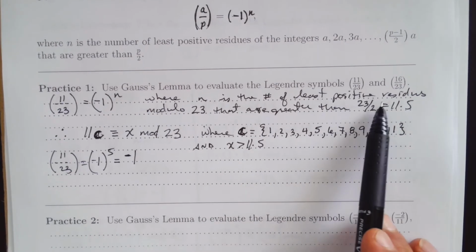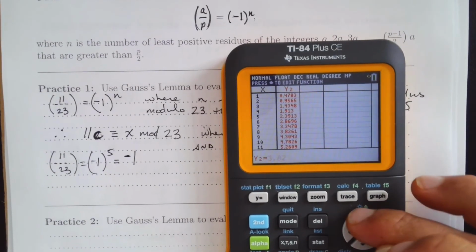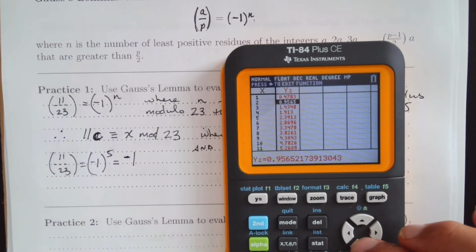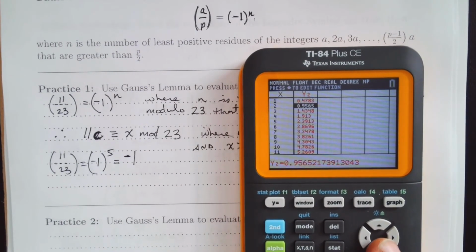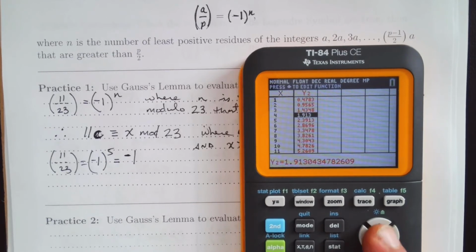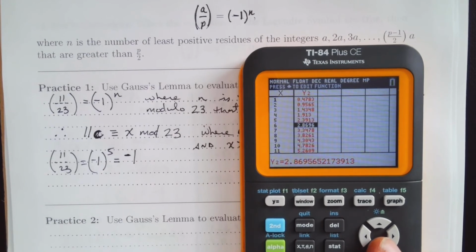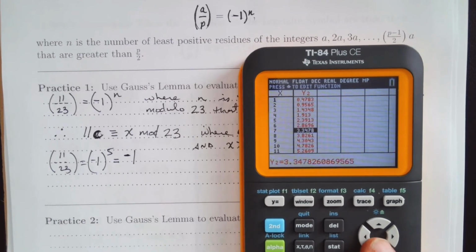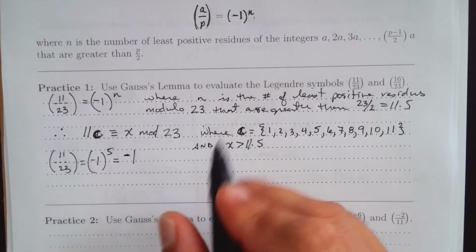Those were when I multiplied by 2, because 11 times 2 is 22, and that remainder is greater than 11.5. 11 times 4 is 44, and that remainder is greater than 11.5. 11 times 6 is 66, and that remainder on division by 23 will be greater than 11.5, and that's essentially what we're doing.